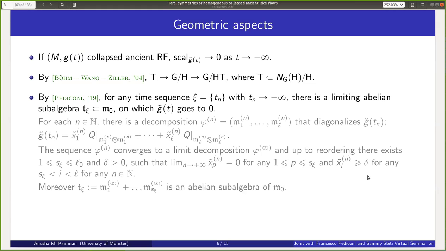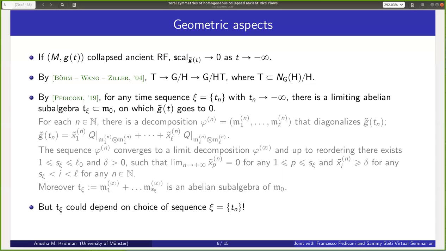And moreover, in the limiting decomposition, the sum of these first S modules is an abelian subalgebra of M0. Okay, so this is in detail what is known due to work of Pediconi, but the limiting abelian subalgebra could depend on the choice of sequence, and we are interested in the Ricci flow.